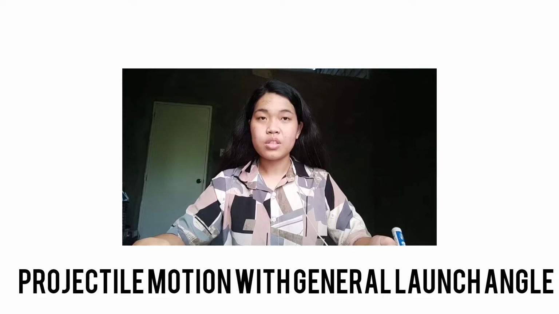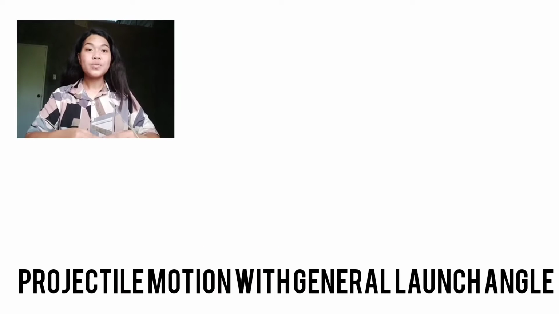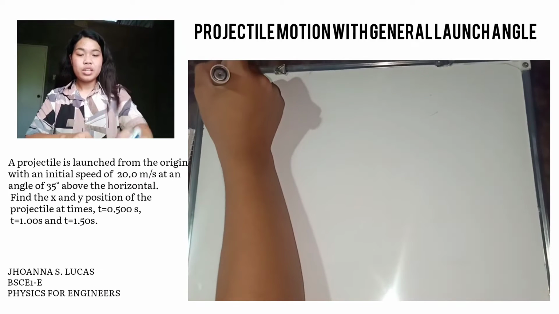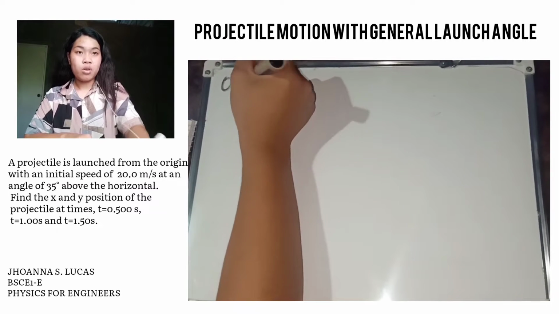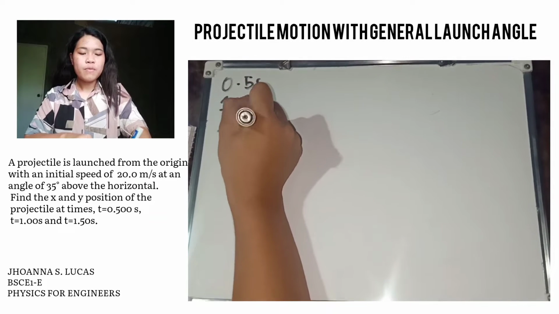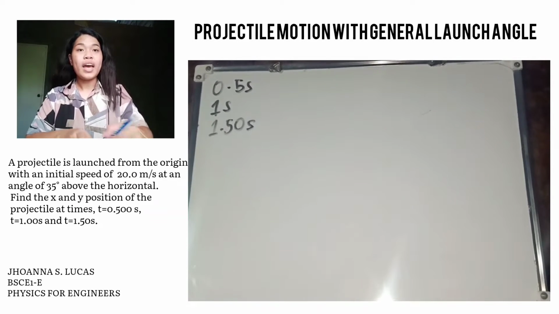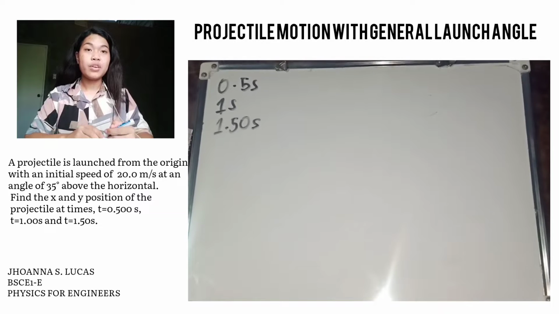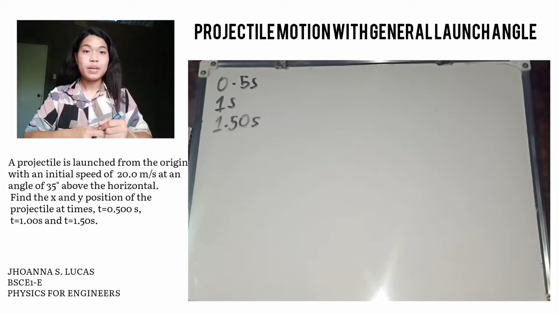Since we are asked what is the x and y at the three given times, which are 0.5 seconds, 1 second, and 1.50 seconds, and the problem also gives us an initial speed and angle.